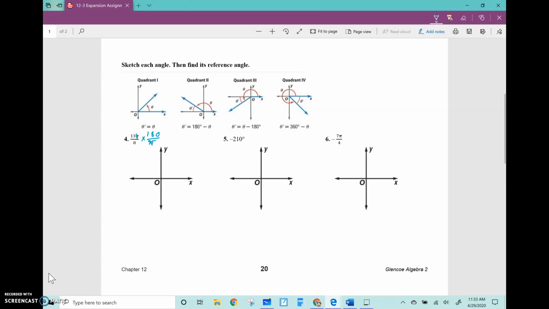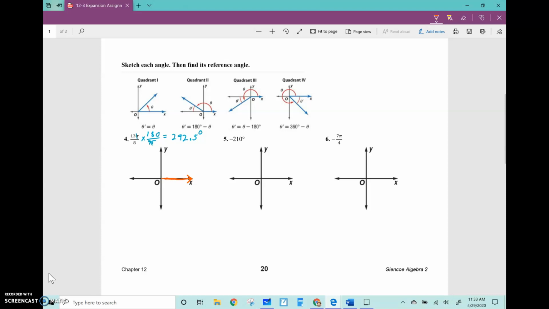And if we do the math right there, we end up with 292.5 degrees.